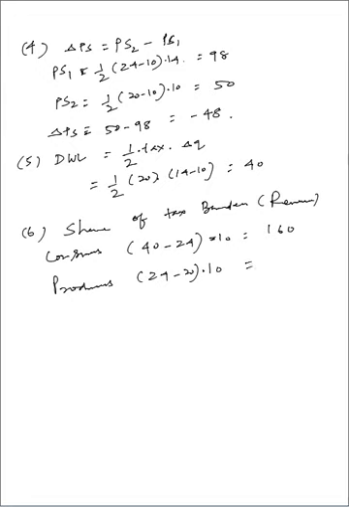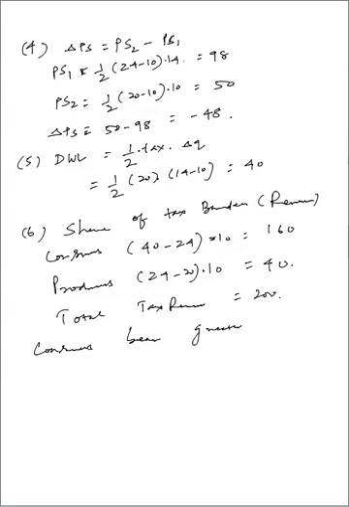So total tax revenue will be 200. And in this case, consumers bear a greater share of the tax revenue. That will be 160, which is greater than 40. Is it clear?